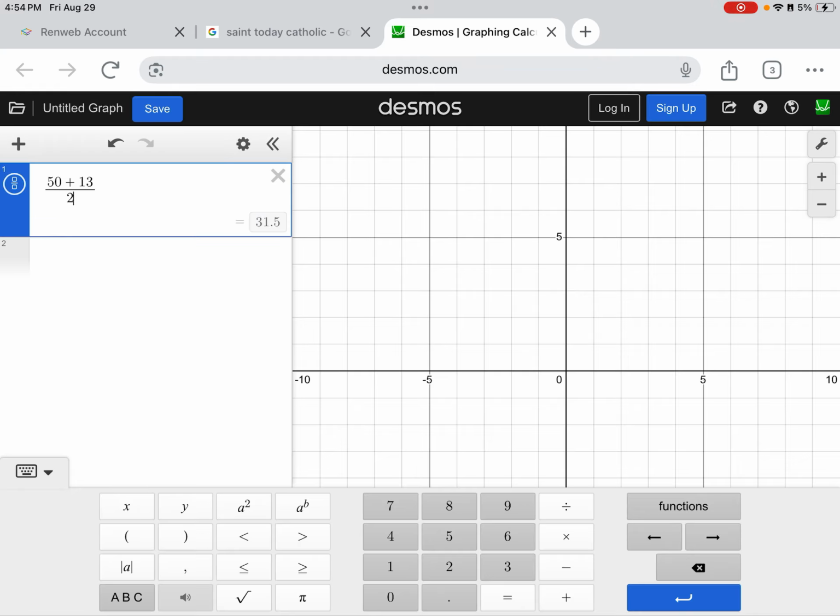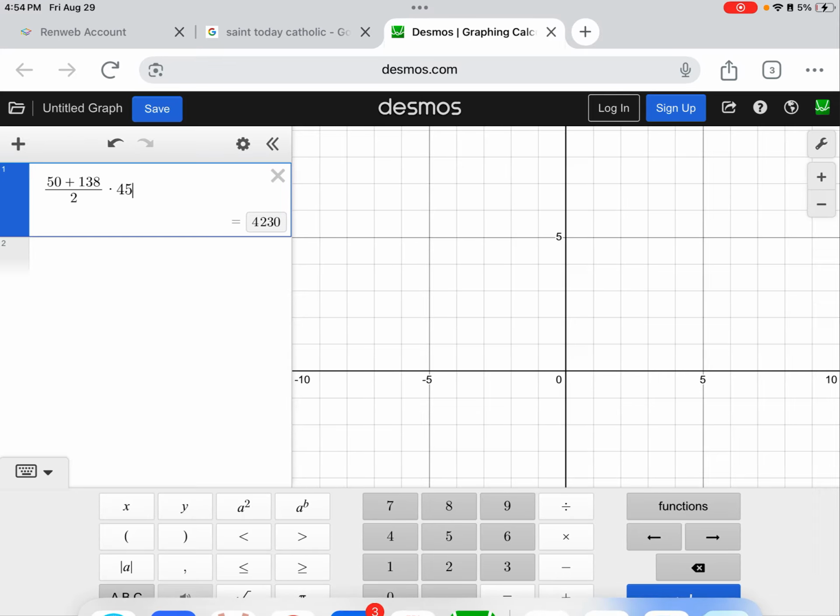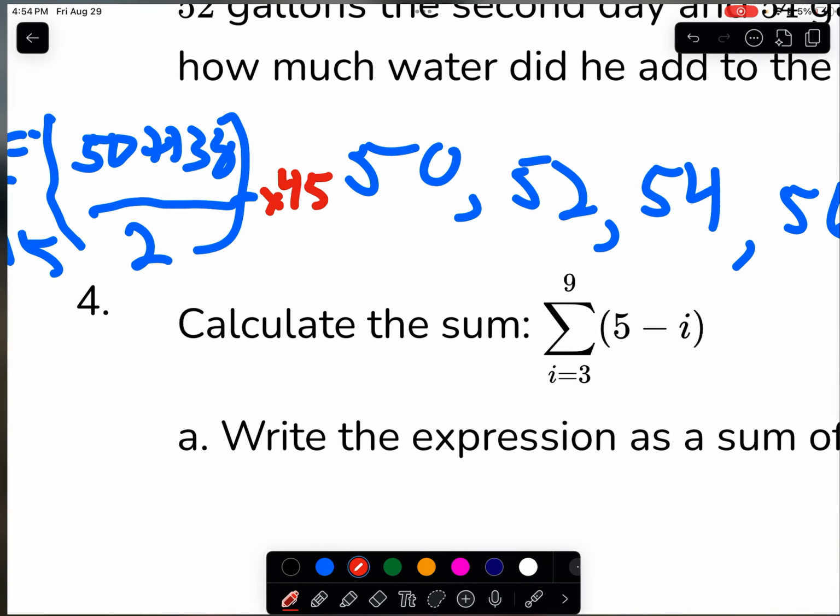Oh, divided by 2. Times 45. Well, it looks like it's 4,230. 4,230 gallons.